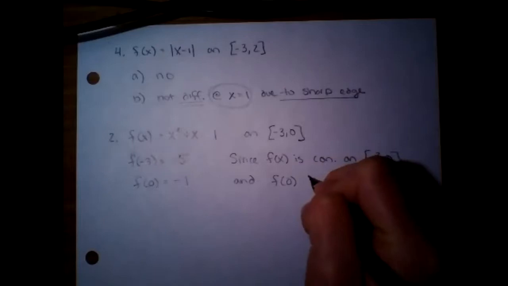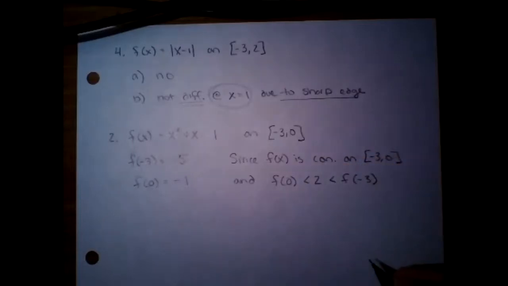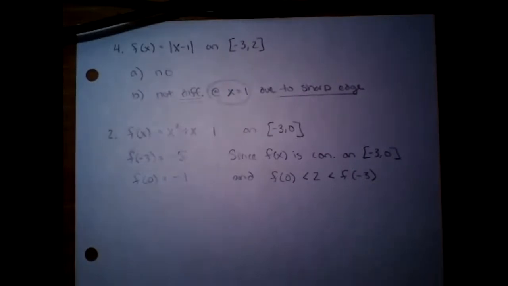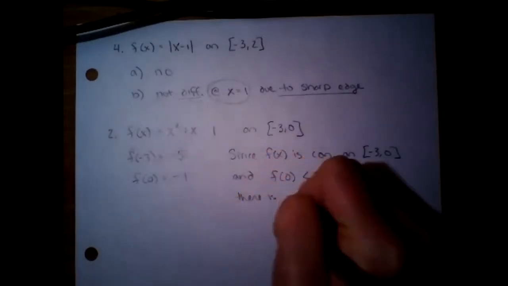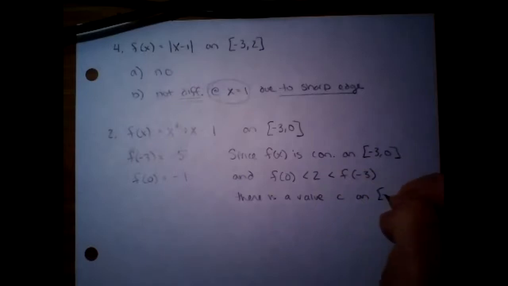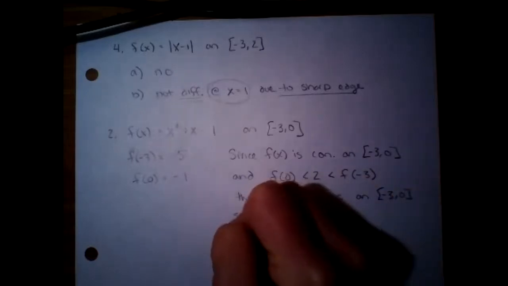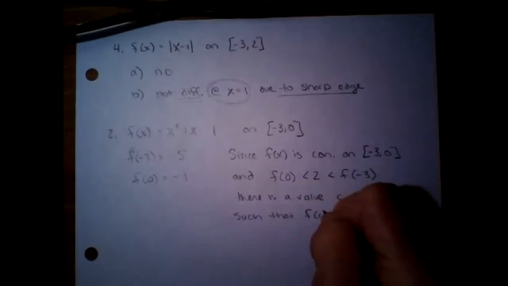So f of 0 smaller than 2, smaller than f of -3. So since all that is true, and then you can basically repeat the wording of the question, there is a value c on this interval such that f of c equals 2.